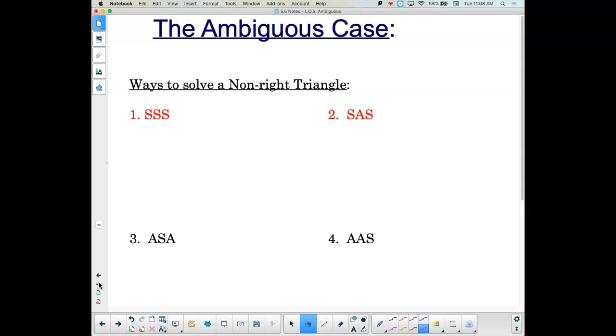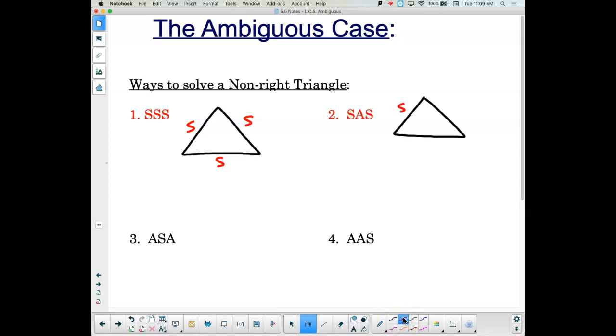If we're in that 3-side case, well, then you've been given the 3 sides of the triangle, and you're going to use the law of cosines. We haven't gotten to the law of cosines yet. We're going to get to that tomorrow. So that one's a law of cosines problem. Same thing as side angle side.